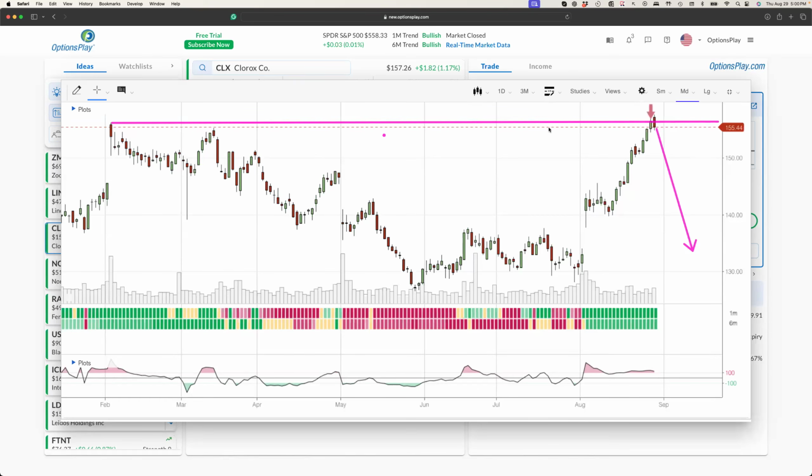Well, because of this triple top, if Clorox got up to 157, 158, I'd cut my losses and get out. So I'm risking $3 in upside versus where I'm looking at $15 to $22 in potential reward on the downside. That's a really strong risk to reward ratio.